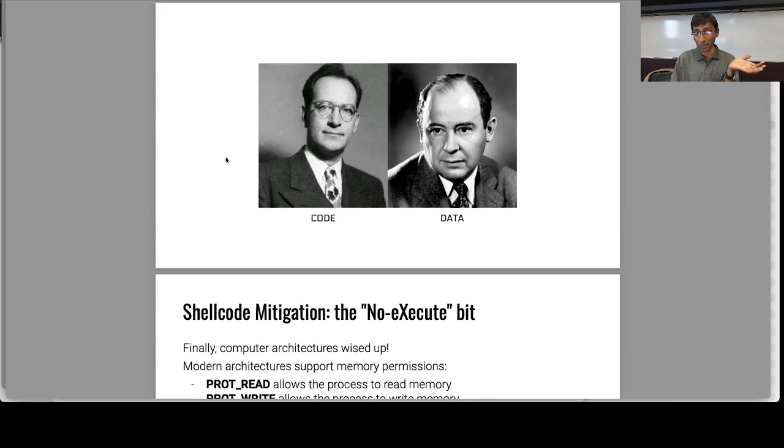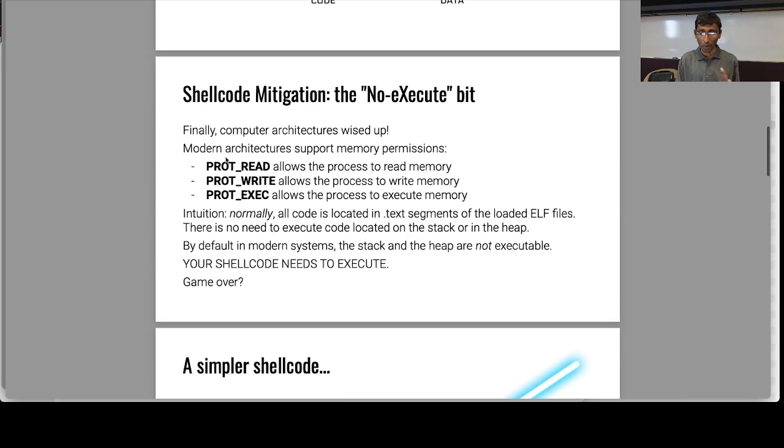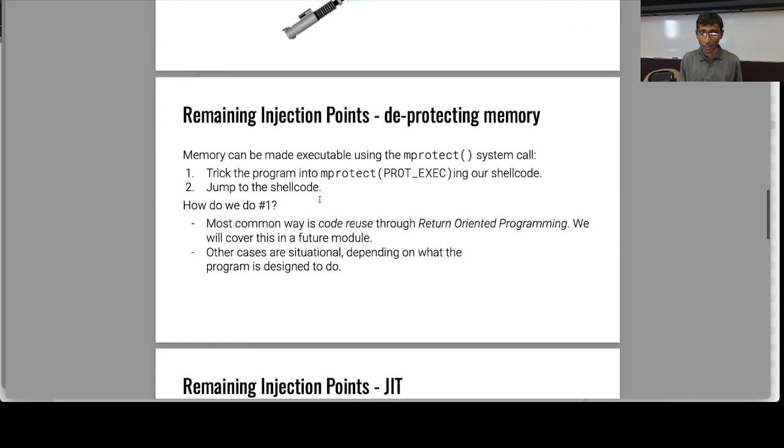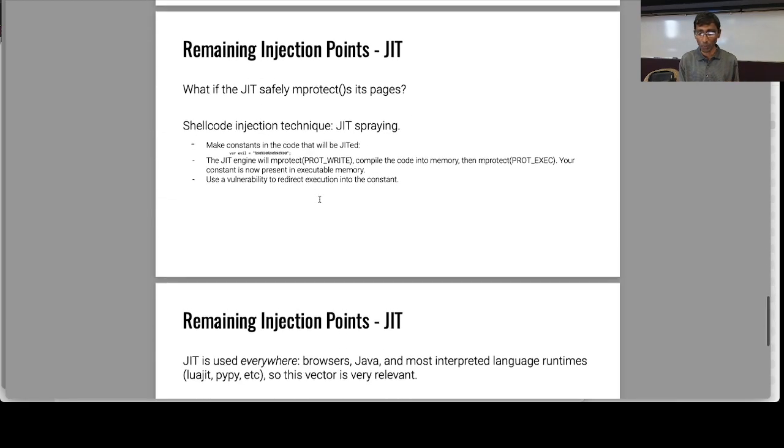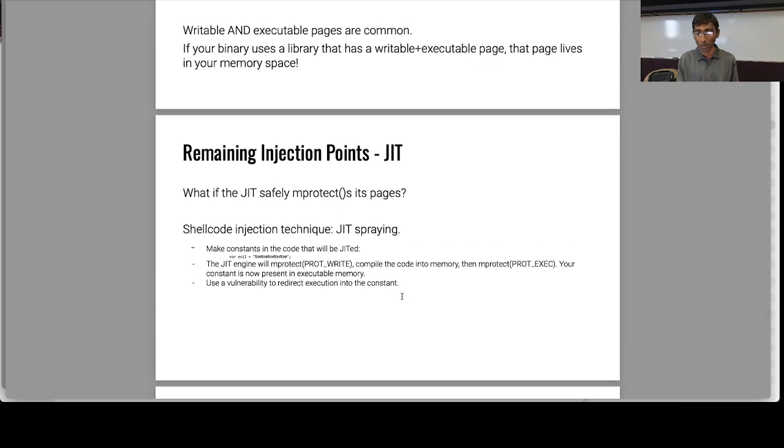If you use a hardware type of architecture in which the code and data reside in separate memory, you would be able to avoid this kind of shellcode attack. The OS has controls for every process, like read protect, write protect, and execute protect. Other restrictions are implemented by default, but still you can bypass them.